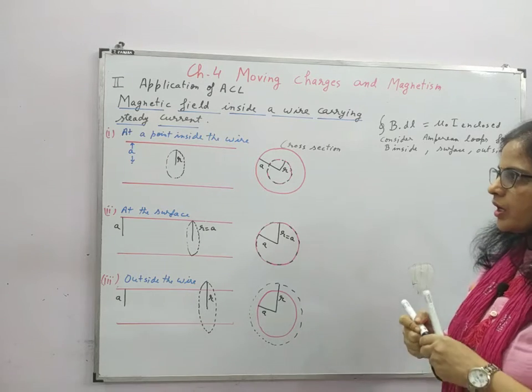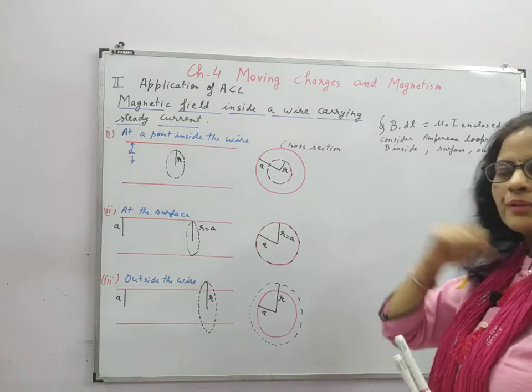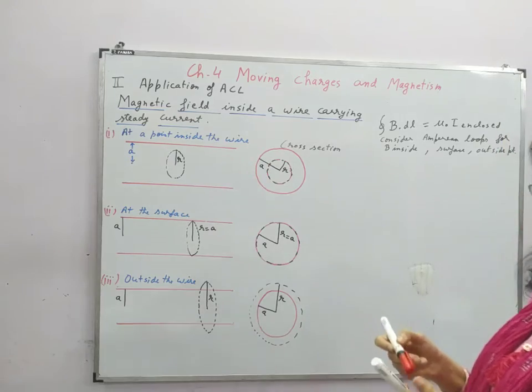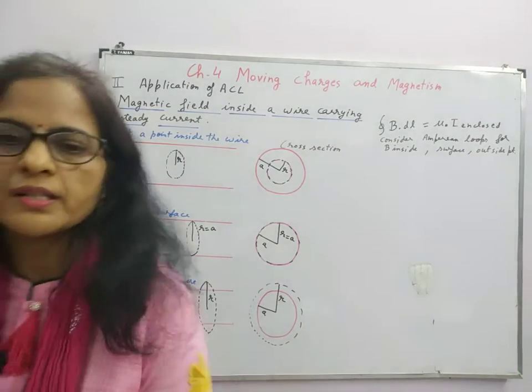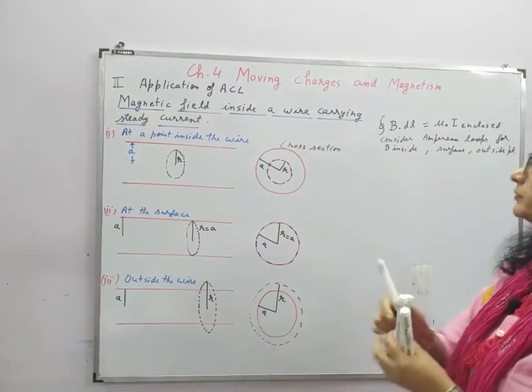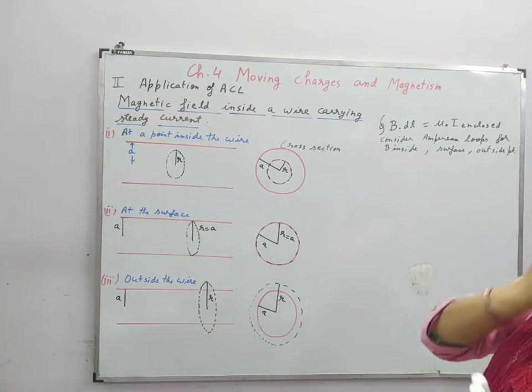We know that from the complete wire, how much current is passing through the complete wire? The total current I passes through the complete wire.